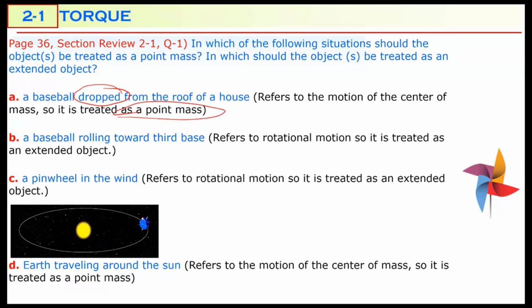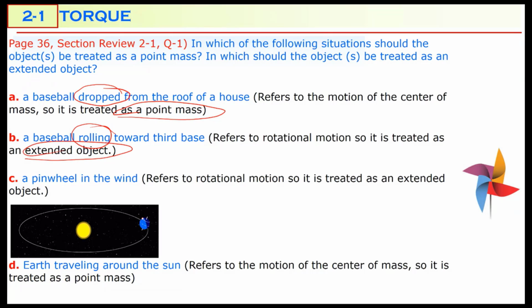But the second one, a baseball rolling towards third base. When this is rolling, it refers to rotational motion of an object. Every point on this rolling object will move with different speeds. That's why you should treat this baseball when it's rolling as an extended object.